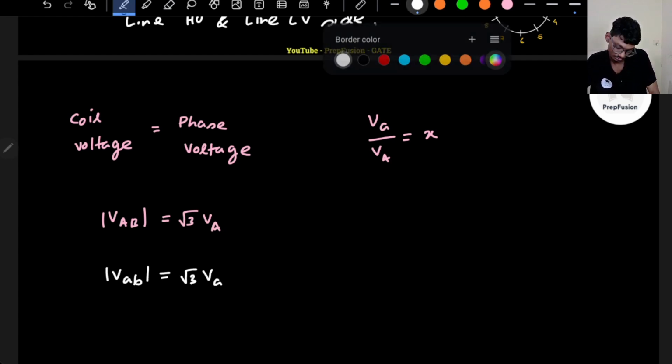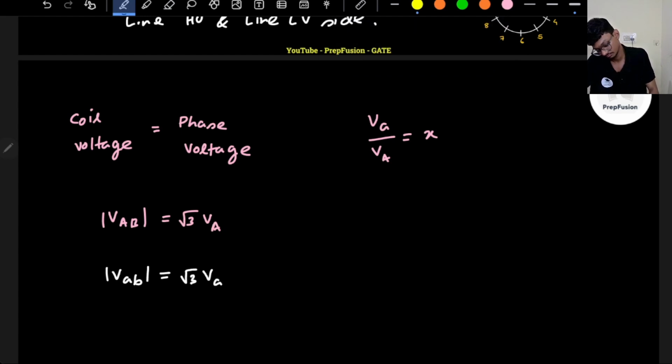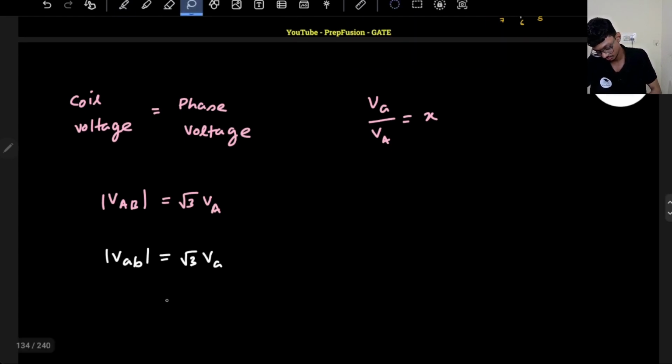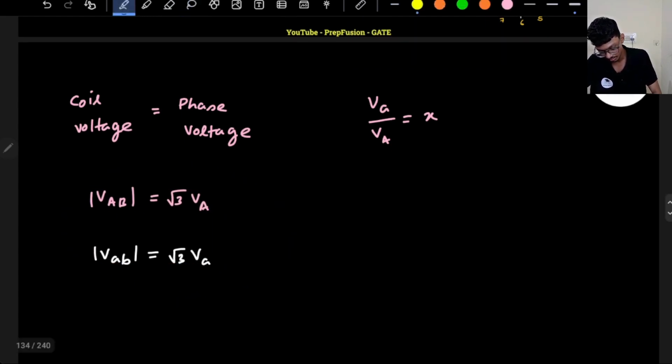Okay, so I can directly say here that I can replace VA. So what will be capital VA? It will be the magnitude of VAB divided by root 3. And here also the same, right?